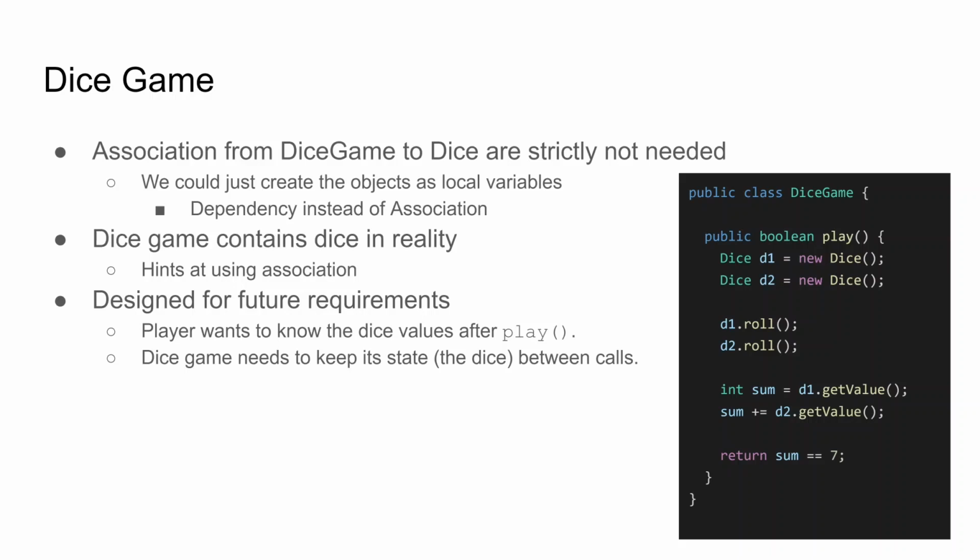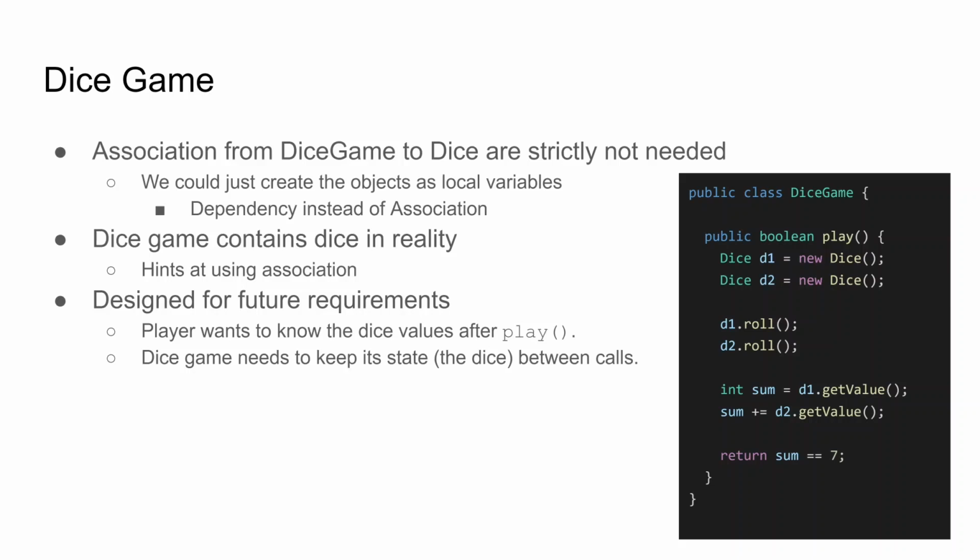So the reason for using them as attributes in this case is that it makes sense from the domain point of view. The dice game contains the dice in reality, and this hints us at using association for the dice. And I'm also thinking a little bit of the future here.